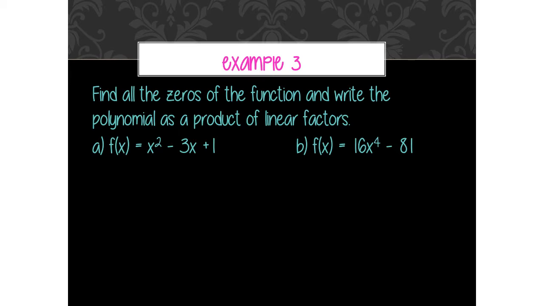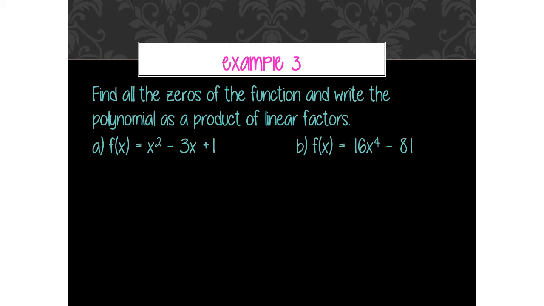All right. Now it says find all the zeros of the function and write the polynomial as a product of linear factors. So what's a product of linear factors look like? This is one of those questions people ask me on the test, and I say, I'm not telling you what that means, right? What does linear factors look like? What's the difference between zeros and linear factors?